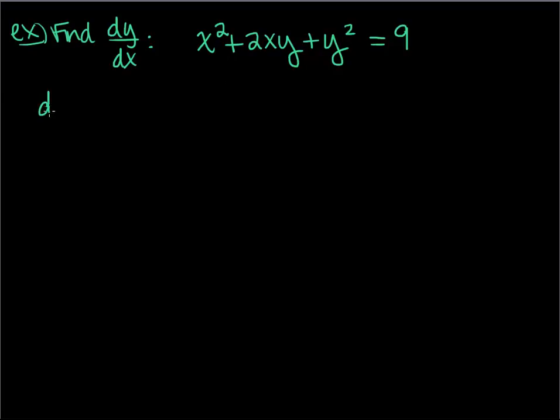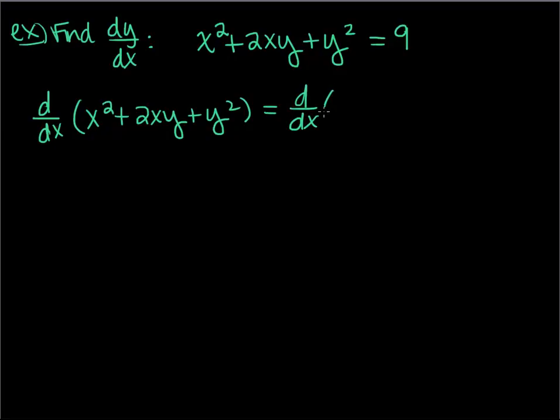So again, first step, I'm going to take the derivative of both sides with respect to x, because it's asking me to find dy/dx. All right. So the derivative of x squared with respect to x is 2x times the derivative of x with respect to x, which is just 1. Now you've got to be a little bit careful here.